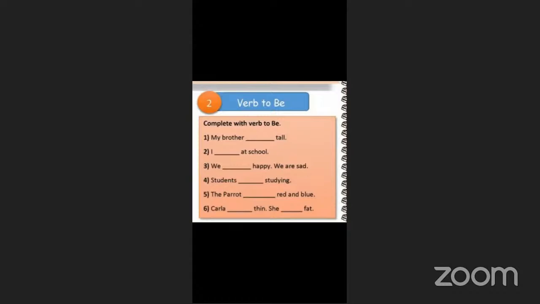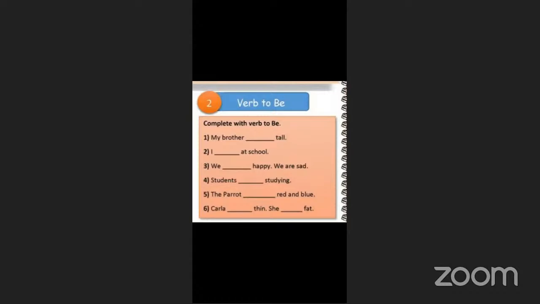Number 4, students blank standing. Number 5, the parrot blank red and blue.